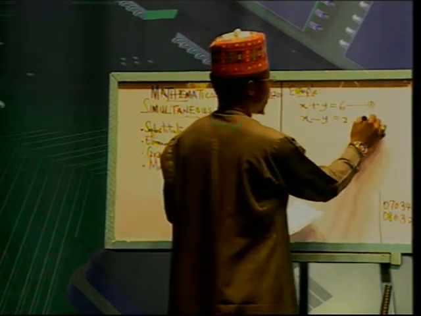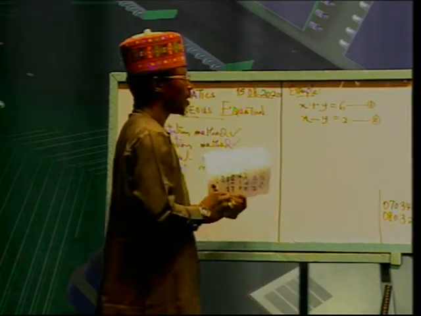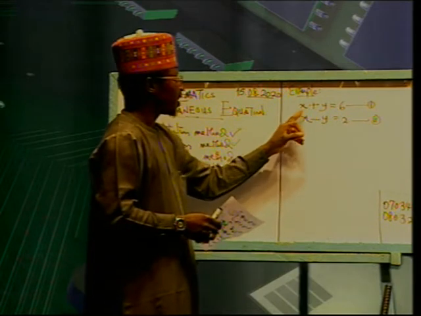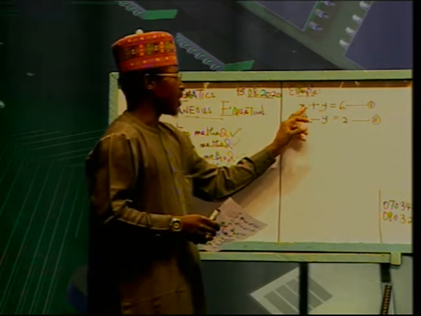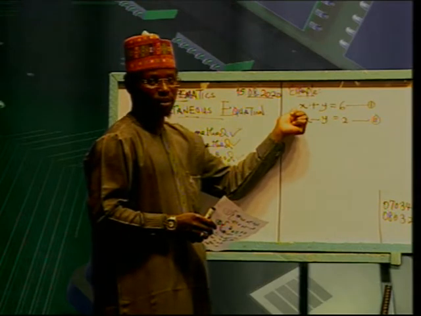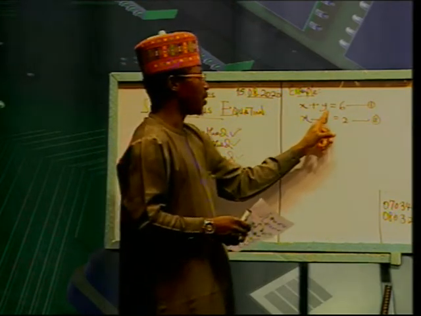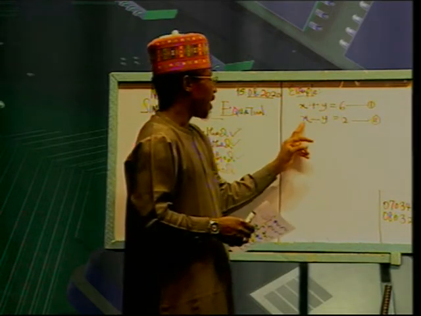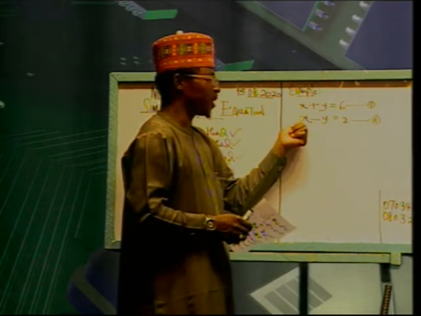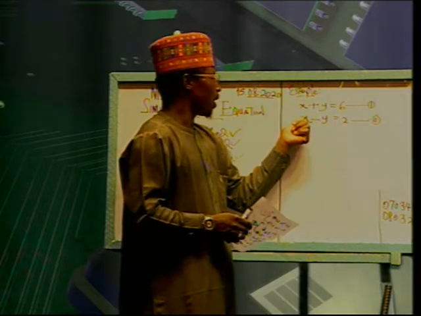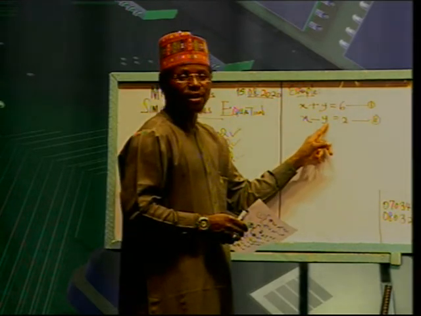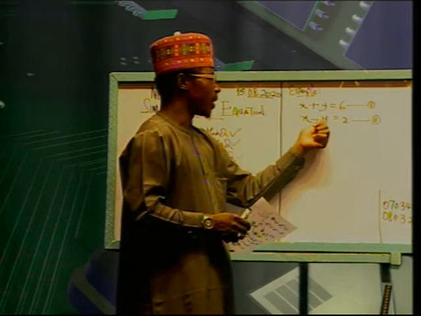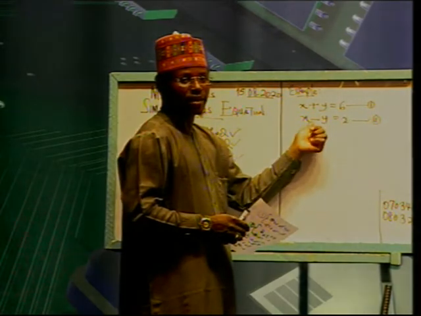Call this equation 2. Looking at these equations, you discover that x is a variable. It has a coefficient, which is 1. y is a variable. It has a coefficient, which is 1. Likewise, x in the second equation has a coefficient of 1, and y has a coefficient of minus 1, which is minus y.